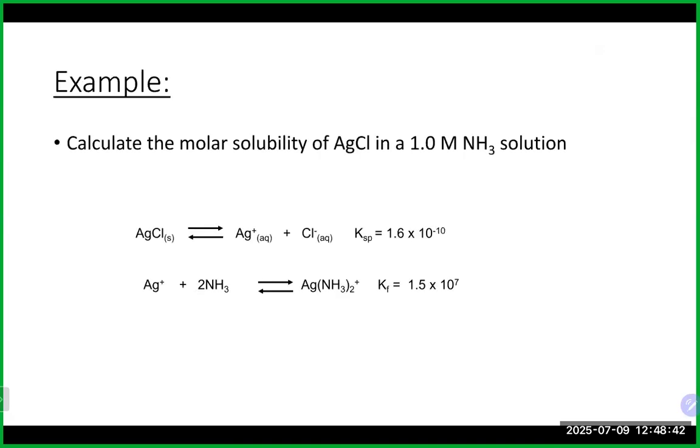All right, so let's take a look at one more here. We want to calculate the molar solubility of silver chloride in 1 molar ammonia. And we have two reactions happening here. We have a KSP reaction, which is our silver chloride breaking apart into the silver ion plus the chloride ion. We also have our KF here, which is the formation constant of our complex ion.